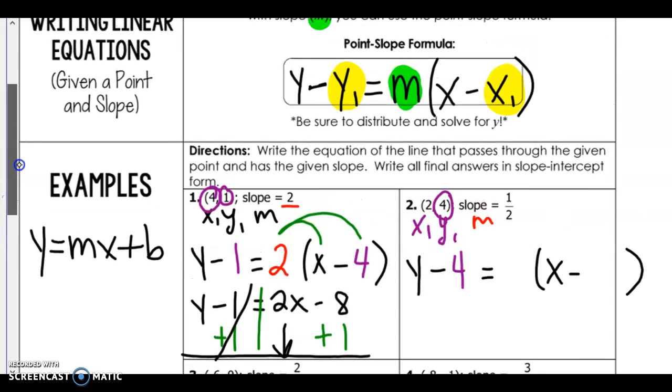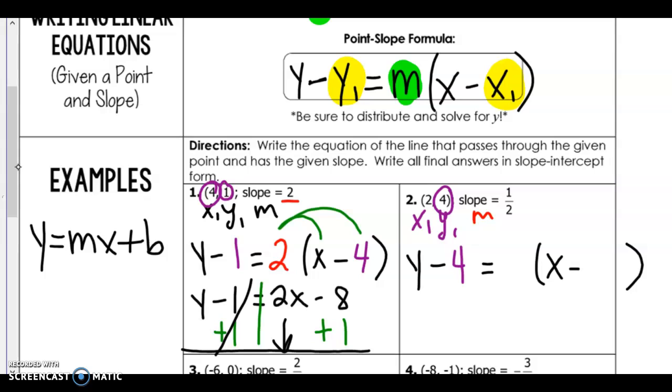Next is my m, so I'm going to plug in 1/2. And the next thing I plug in is the x1. In this case, x1 is 2, and I'm going to plug that in right there.